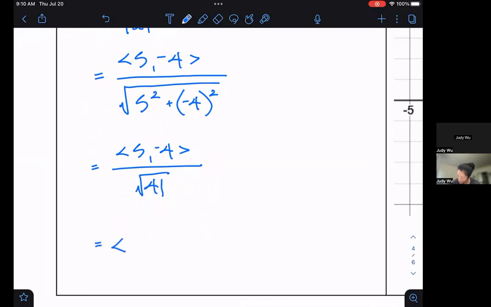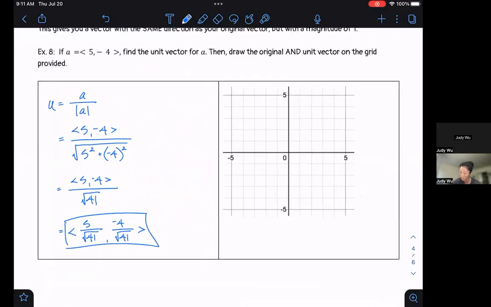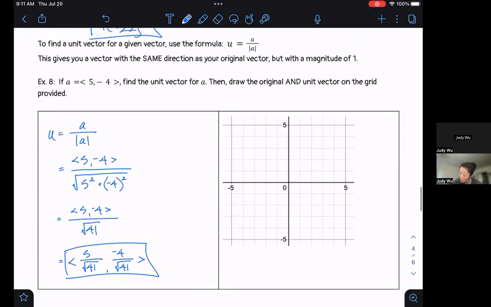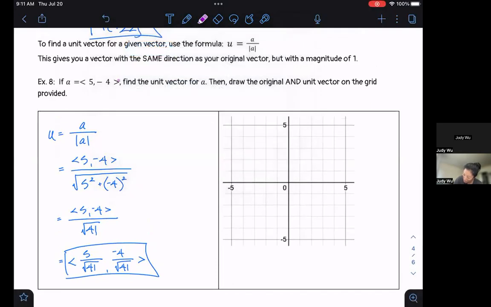And our unit vector will be 5 over root 41, comma, negative 4 over root 41. I don't need you to rationalize this. This is totally fine. Here's our unit vector. And if we were to find the magnitude, we would find that it has a magnitude of 1. But let's draw our original vector in one color, and let's go with maybe the purple.